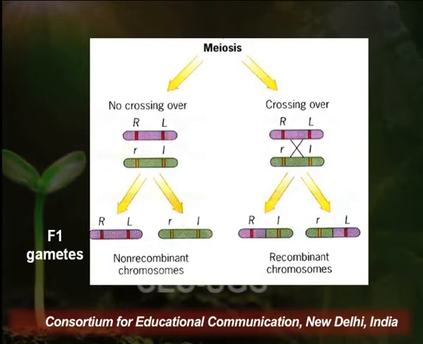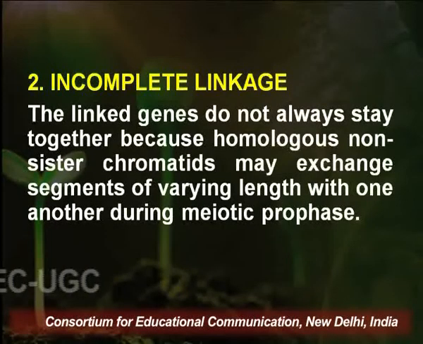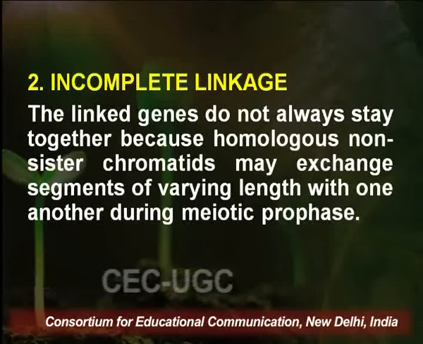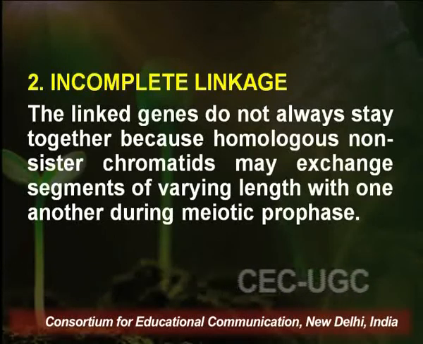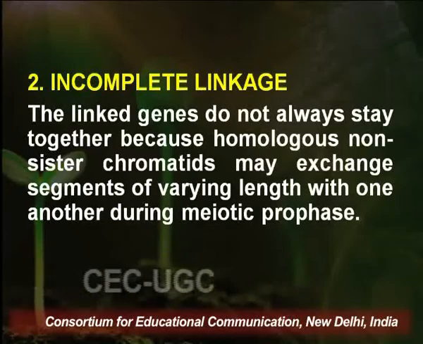And if there is crossing over, then we have recombinant chromosomes. So, the crossing over will take place, making the linkage in a genetic makeup incomplete. These linked genes are not going to stay forever together on a homologous chromosome, and the non-sister chromatids can frequently exchange fragments during the meiotic prophase.